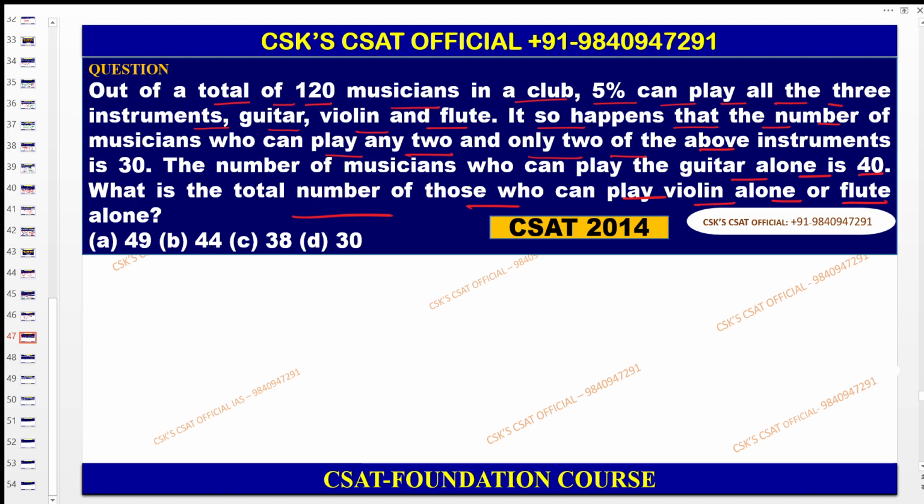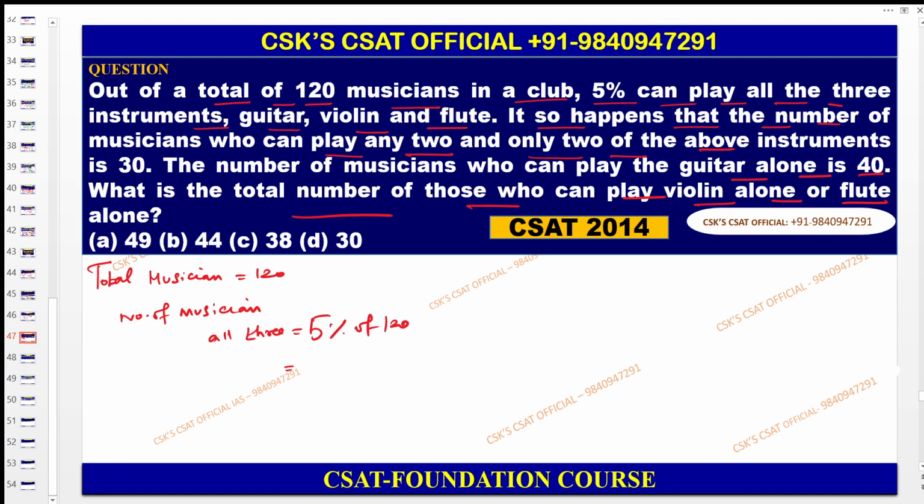So here, first thing, you can do it by the Venn diagram method, and you can also do it by the normal method. Here it says that the total number of musicians is equal to 120. So the number of musicians who play all three is equal to 5% of 120.